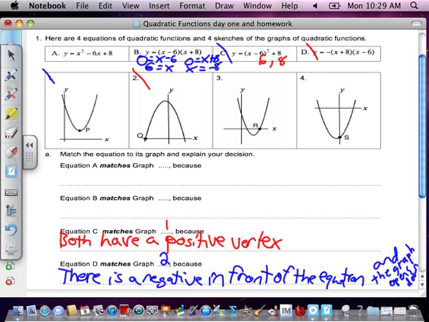Which one, 3 or 4, has a negative and a positive x-intercept? Yes, Courtney? 4. So I know B goes with 4. It has 2 roots. One's positive. One's negative.